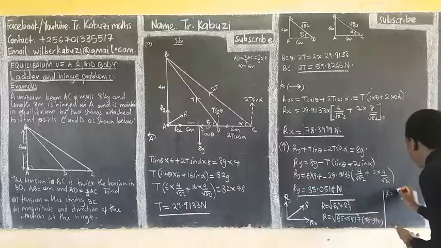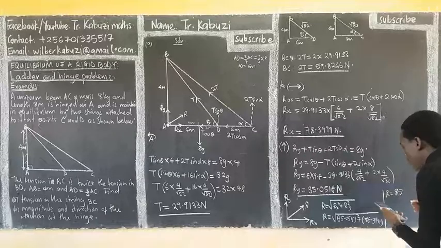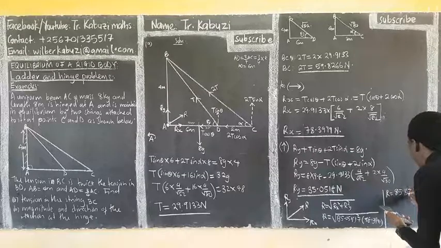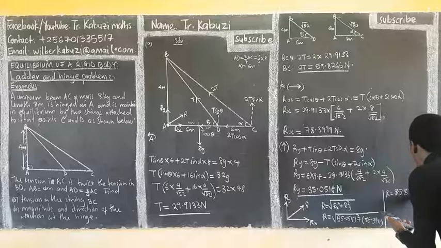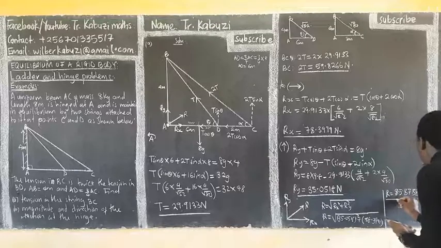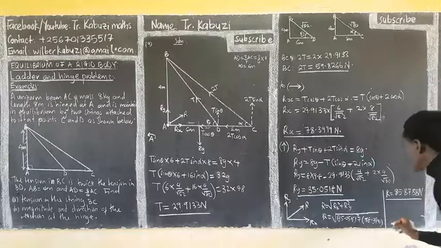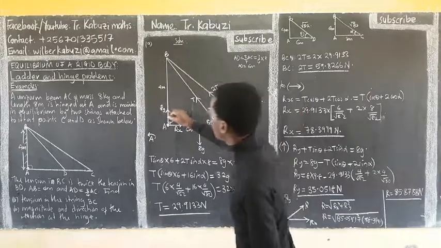It's going to be 85.8788 newtons. So our direction, let us call this theta.